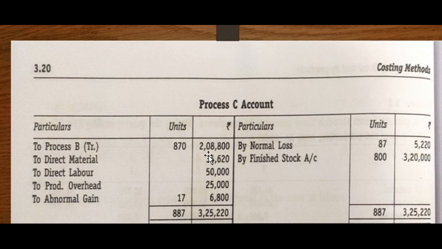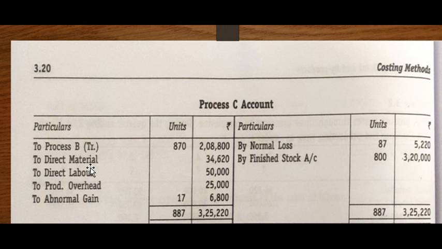Your total cost calculation is 2,08,800 plus 34,620 plus 50,000 plus 25,000. So till 25,000 only is your cost. They have asked total cost, so only till 25,000 is your cost.